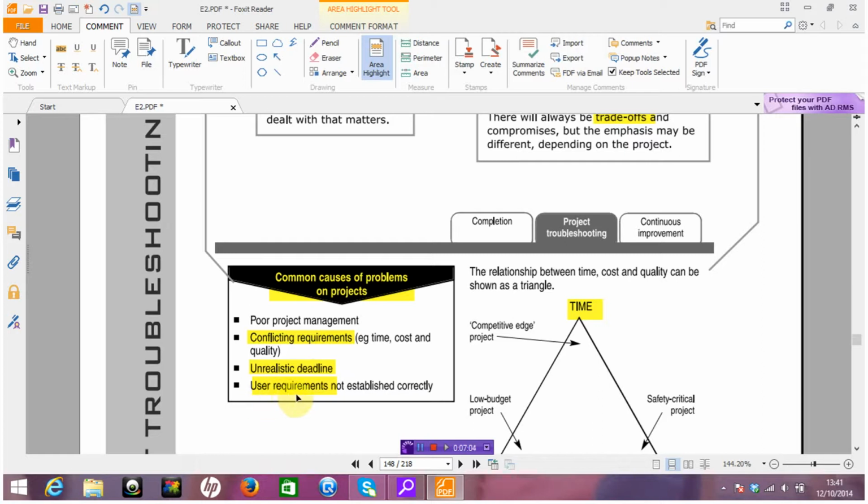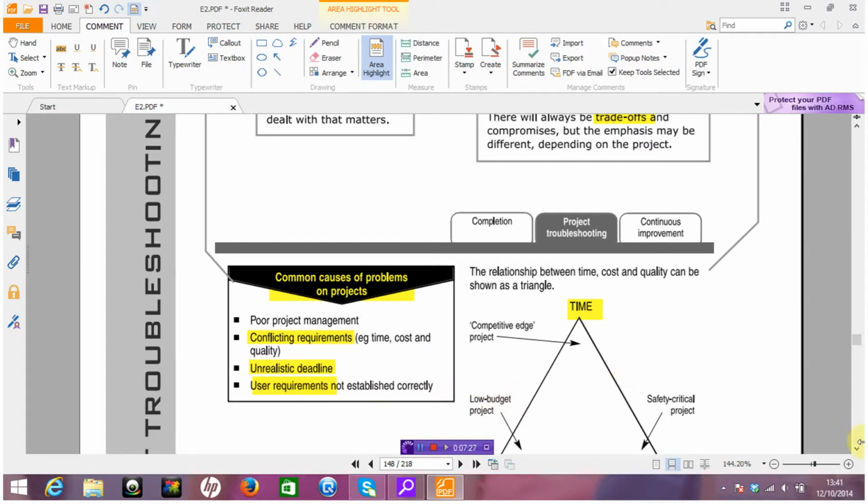This area here, to some extent, is a fault at the project planning phase, where requirements were not set out in detail, and perhaps over and above that, it may well be that requirements change over the course of the product life cycle, and that will cause a problem in itself.